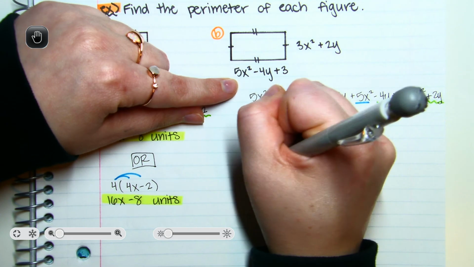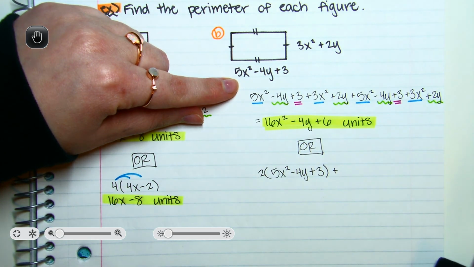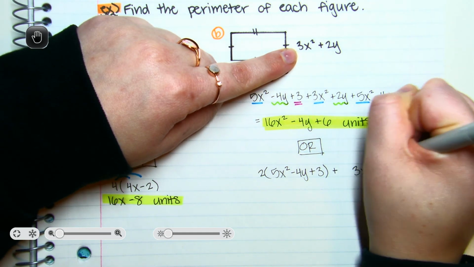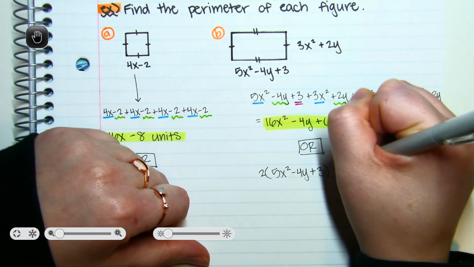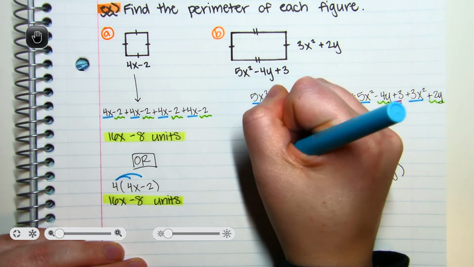So I can multiply this entire thing by 2. Plus my right and left side, which is 3x squared plus 2y. There's 2 of those also. And then I can distribute.